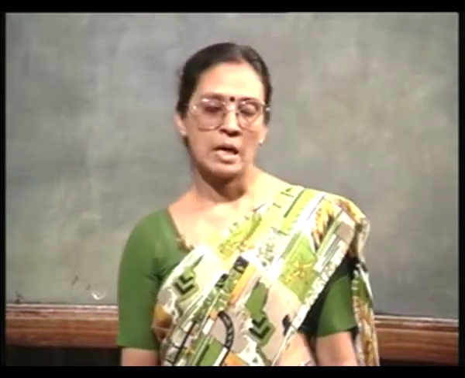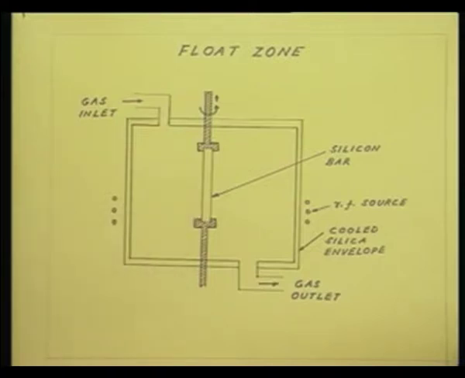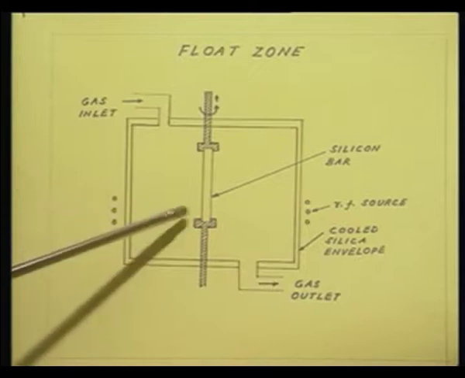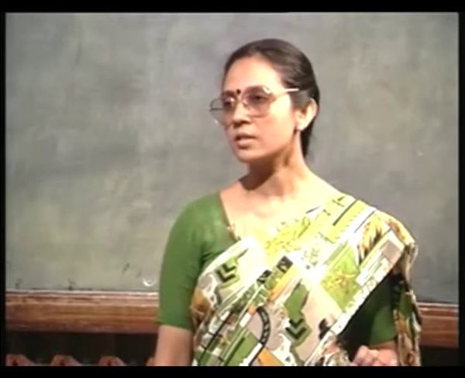At the seed end of the silicon bar, a small region about 1.5 centimeter in length is first molten. Using this RF heater, a small portion of the silicon bar is molten, and this molten portion is in contact with the seed crystal, so that the tip of the seed crystal is just molten.